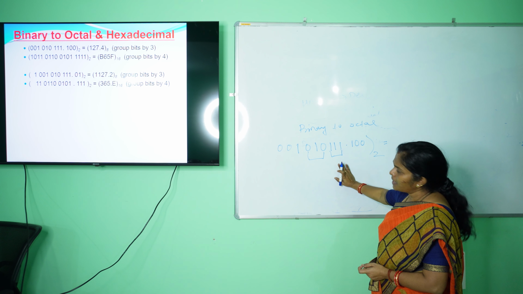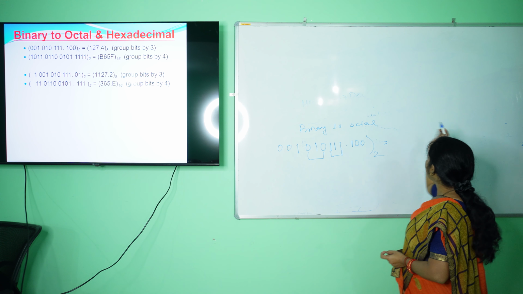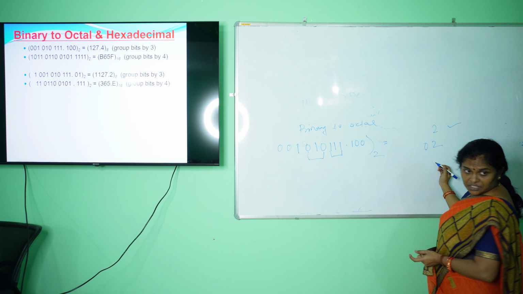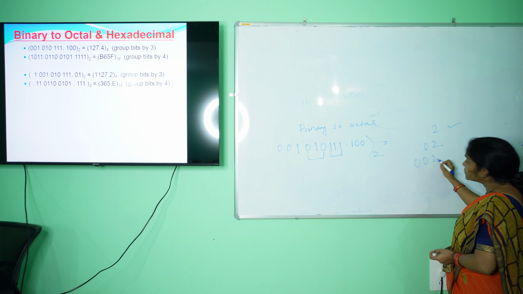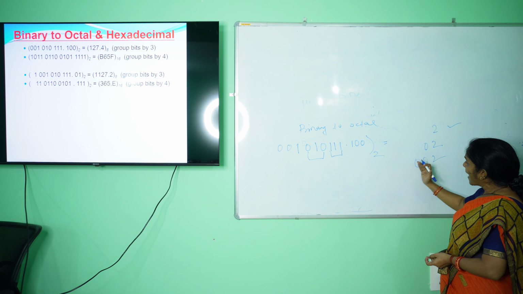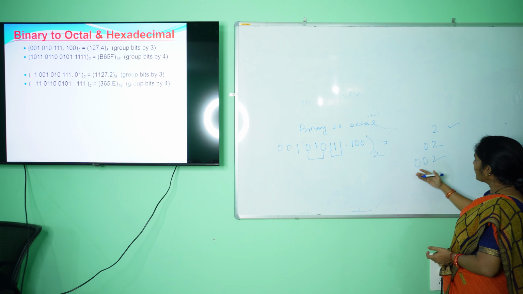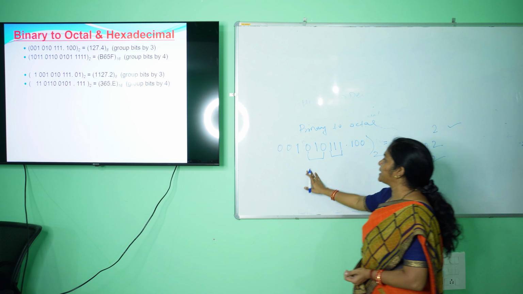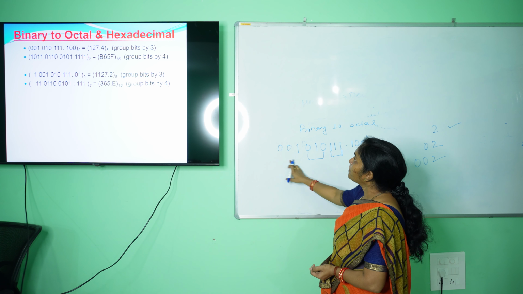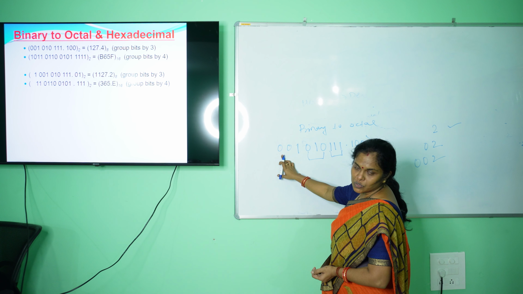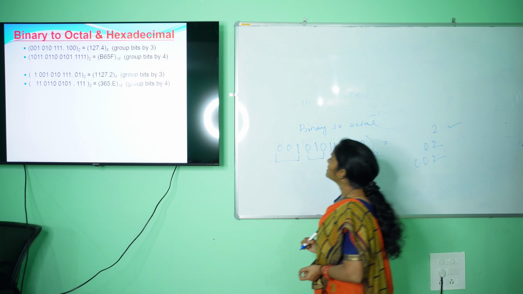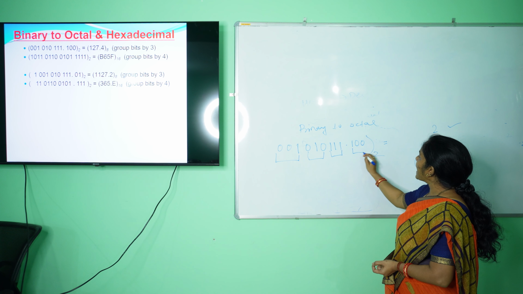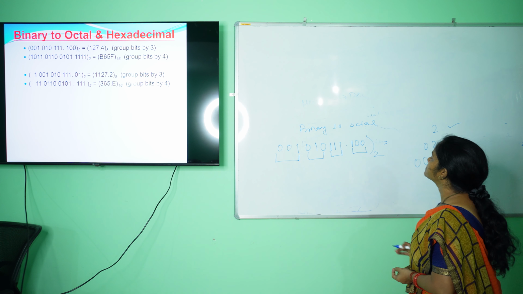It will not hamper my number, because if I write 2, it is right; if I write 0 2, this is also right; and if I write 0 0 2, this is also right. Whenever you add zeros towards the left, it doesn't hamper the number. So if only 1 is left, to group by 3 I have to add 2 zeros. And here already 3 bits are there, so no problem.